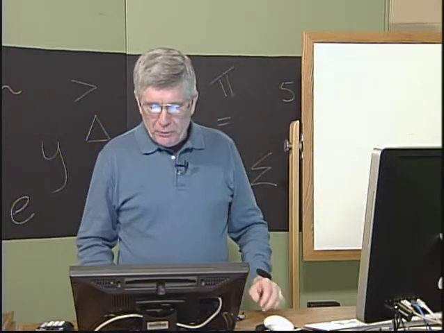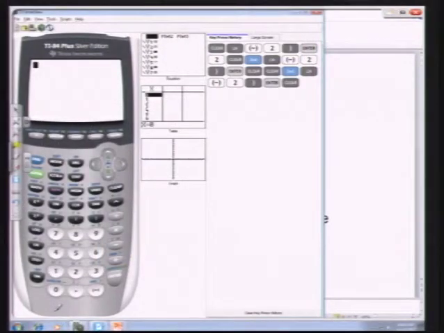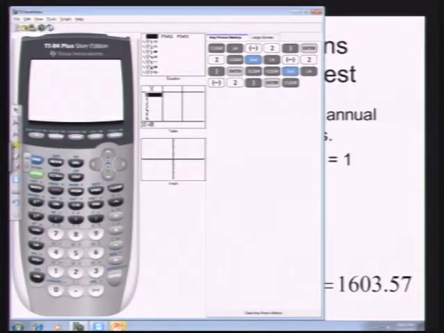Okay, so I'm going to put this in. We're looking at $500. So we're going to take 500 and multiply that by the parentheses 1 plus 0.06, his interest rate, divided by the number of times it's compounded, which is 1.